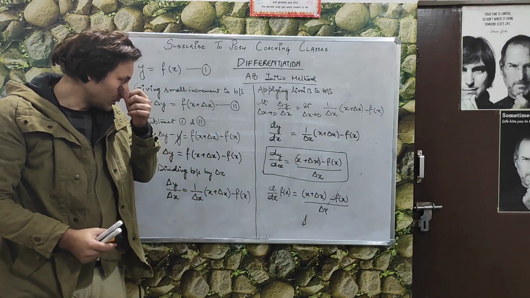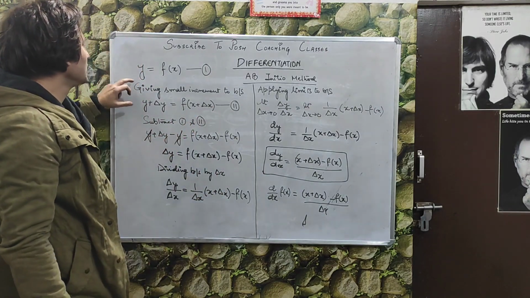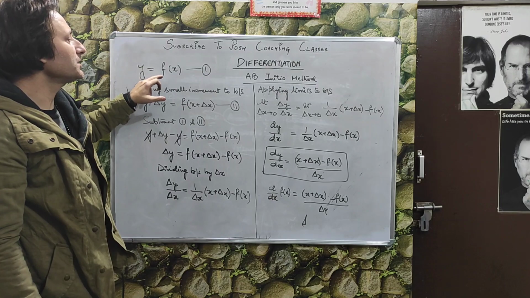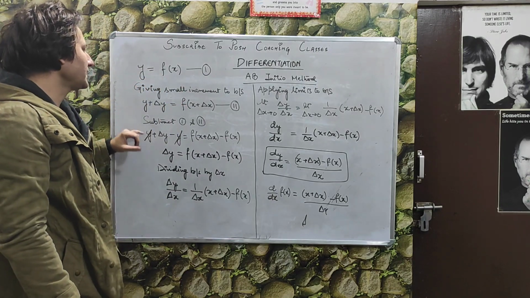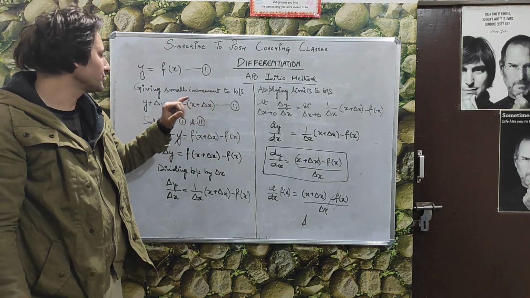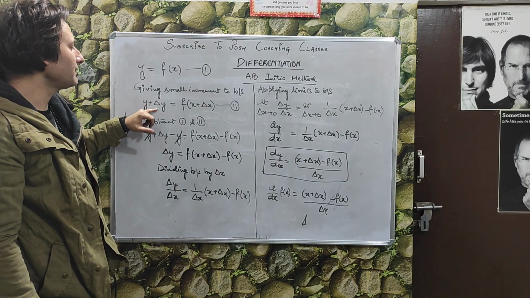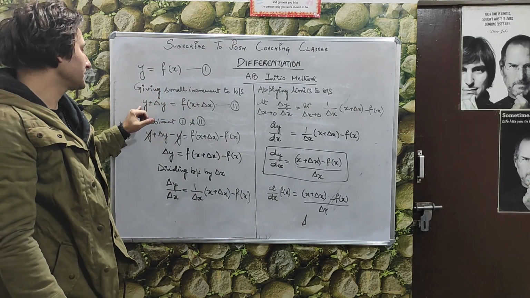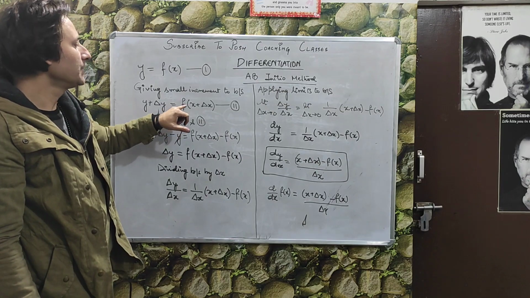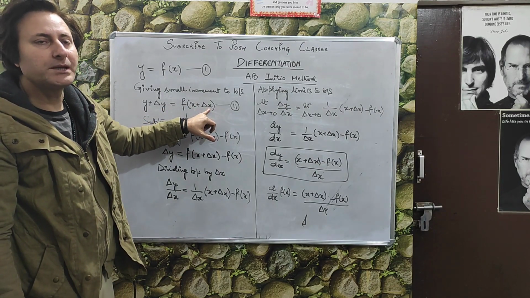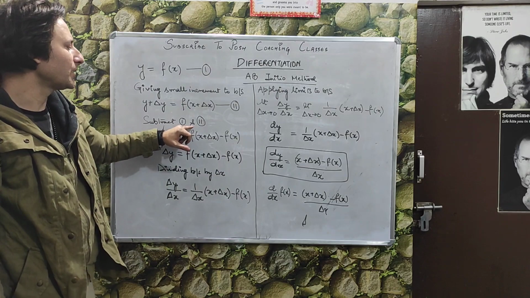Is that clear? So I'll just repeat it one more time. We have y is equal to f of x, that is, function of x. We are giving a small increment to both sides. Because this is y, the increment will be in y. Here we have x, so the increment will be in x. So delta x. We are subtracting both.